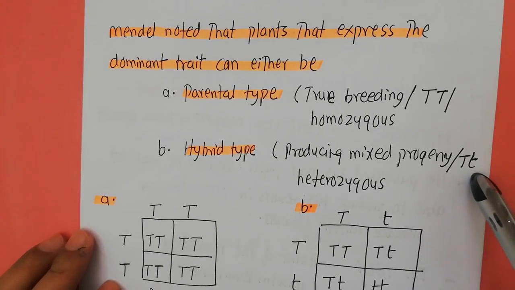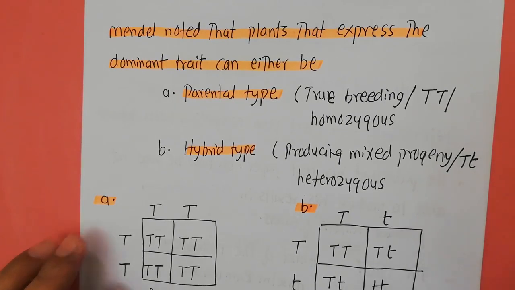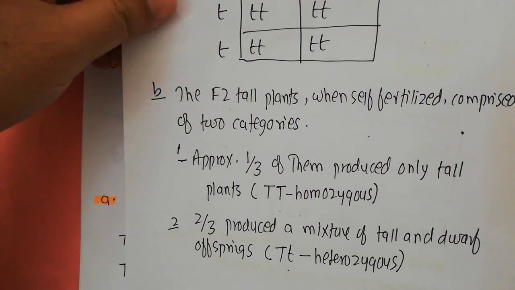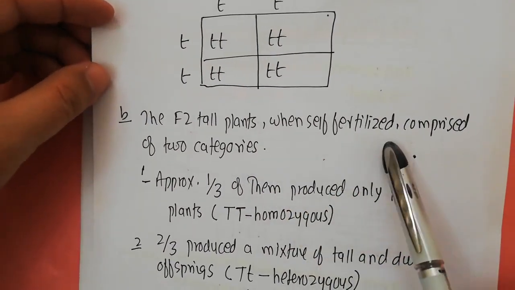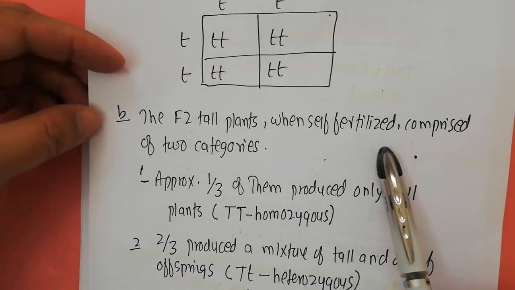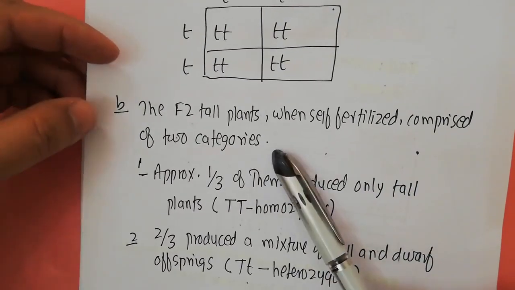In the last video I told you that Mendel went for the F3 generation as well, and in the F3 generation, when the F2 tall plants were allowed to self-fertilize, they actually produced 2 types of categories.